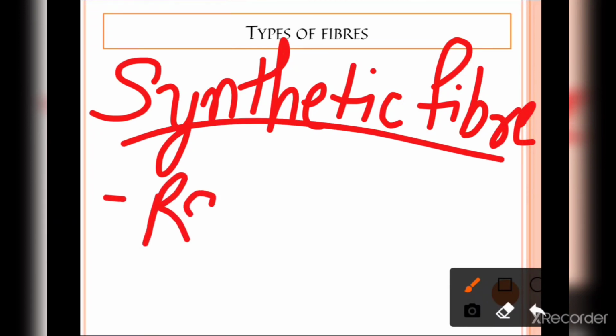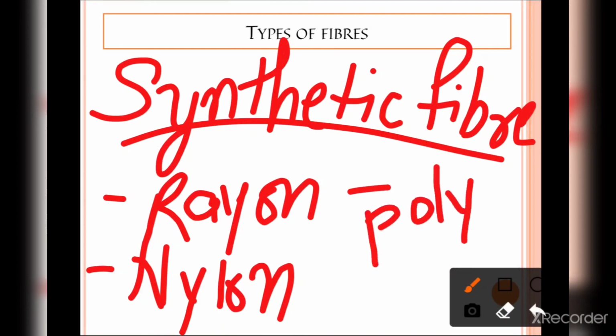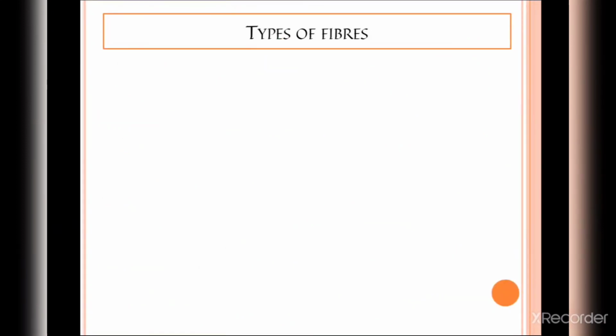Examples are rayon, जो कॉटन जैसा दिखता है बट कॉटन नहीं होता है। नायलॉन, जिसका यूज़ हम लोग मॉस्किटो से प्रोटेक्ट करने के लिए एक नेट लाइक स्ट्रक्चर होता है जो इससे बनता है, या फ़िश कैचिंग के लिए जो नेट होती है वो भी इससे बनती है। हमारे जो स्विमिंग सूट है वो भी इनसे बनते हैं। So rayon, nylon, polyester, PVC, polyvinyl chloride, etc. So these are the synthetic fibers. Hope you understood the examples of synthetic fiber.